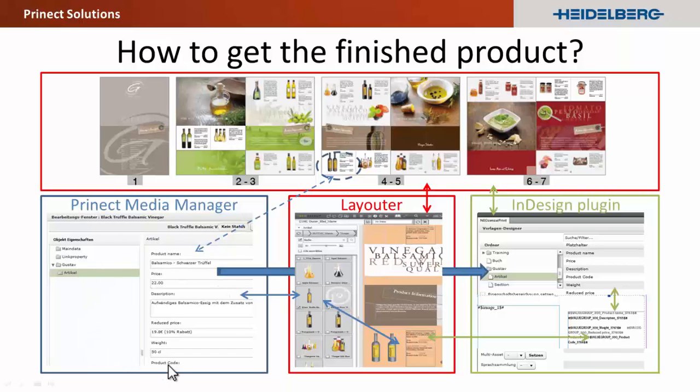This is all stored in the system, and how this information comes to the system we will have a look later on. Second, we will have the layouter. In this layouter we put all these products inside in a layout that at the end we will get this finished product or this project running.